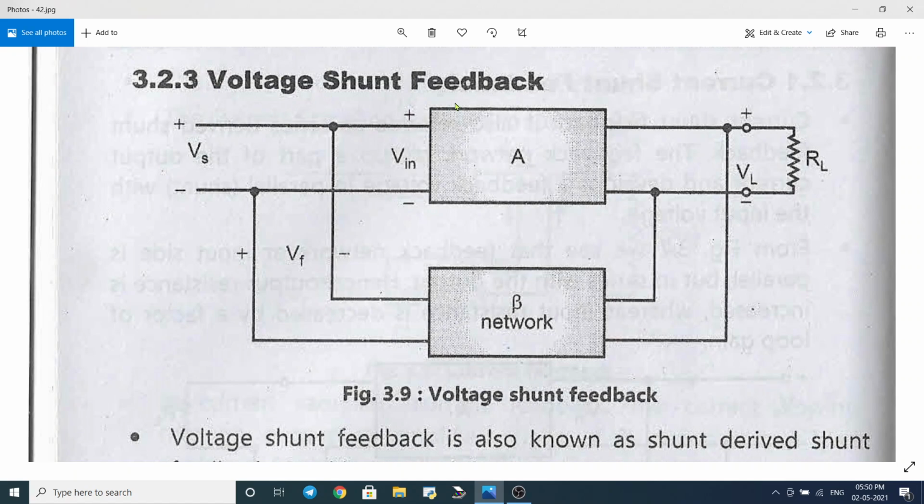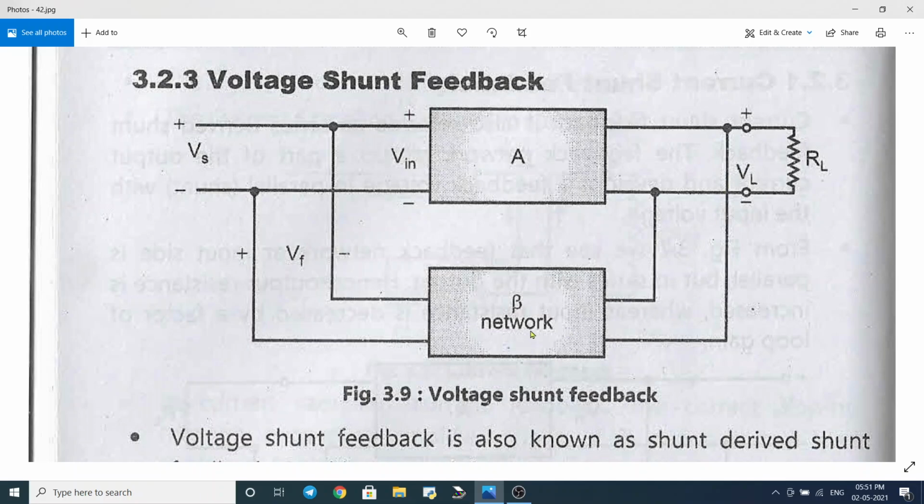Now the voltage shunt feedback. From the type of sampling, it is a voltage feedback, and from the type of mixing, it is a shunt feedback. See, voltage feedback, because the output voltage, which means the load voltage, is applied to the feedback network.